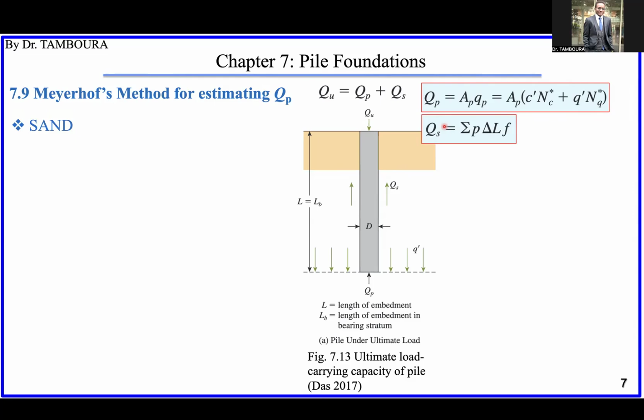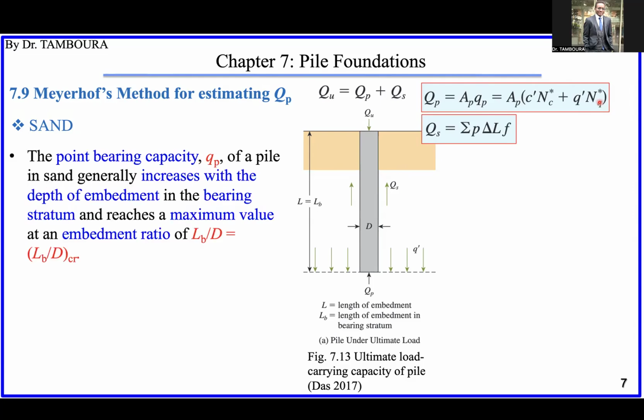So let's discuss the end bearing capacity in sand first. This is the general equation. So what do we expect? As you know, in sand, there is no cohesion, so you can already guess what the equation will become.